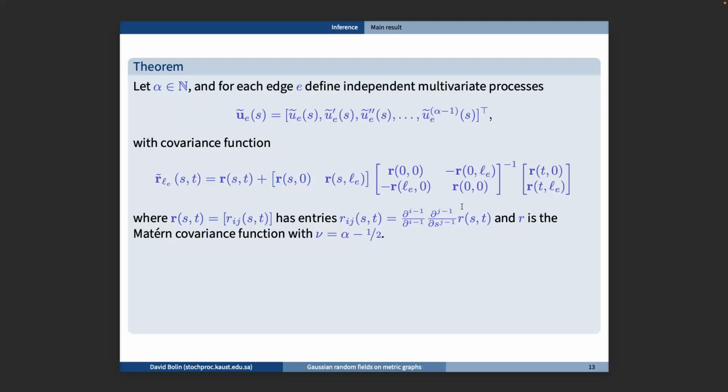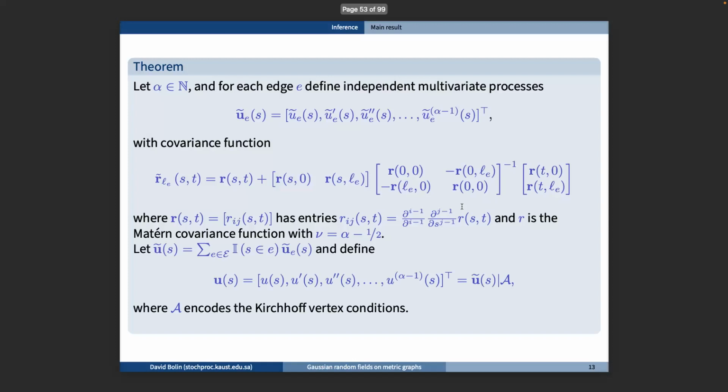So the covariance function that we will consider is this R tilde, that is the covariance of the Matern process and its derivatives, adjusted by the second term. And if you define this multivariate process for each edge, and then you condition on that these should satisfy these Kirchhoff conditions, and then you look at the first entry of that process that you get, this would be a solution to the stochastic PDE.